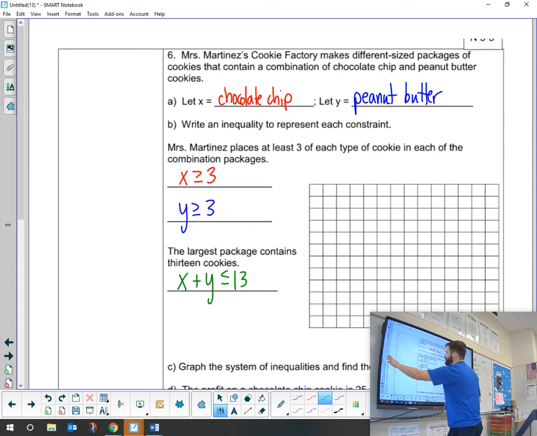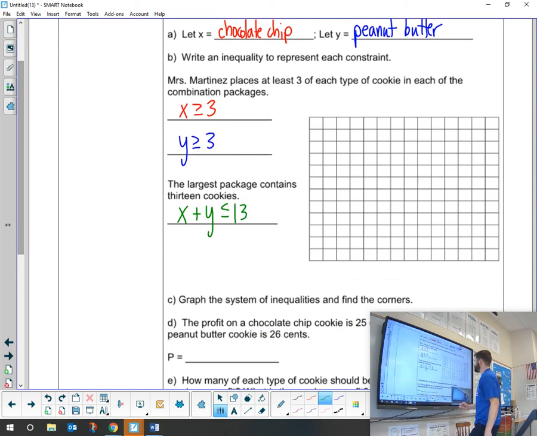So now let's graph this system of inequalities. This is going to be my x-axis, this is going to be my y-axis, and we can count out here just my regular numbers. We'll go 2, 4, 6, 8, 10, 12, okay? And we'll do the same thing going up.